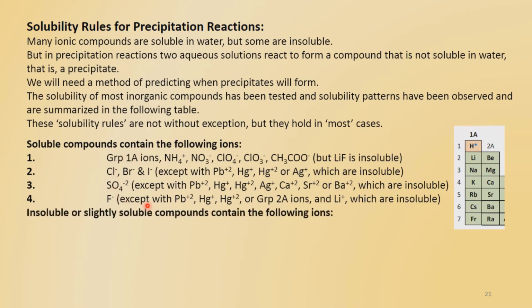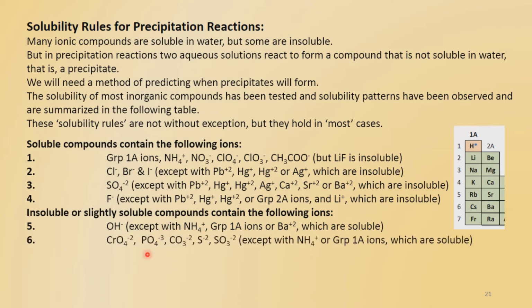Now, what follows is a list of a couple groups of ions that are almost always insoluble. So almost all hydroxide compounds are insoluble unless the hydroxide is combined with ammonium or the group 1A ions or barium, in which case the hydroxides happen to be soluble.